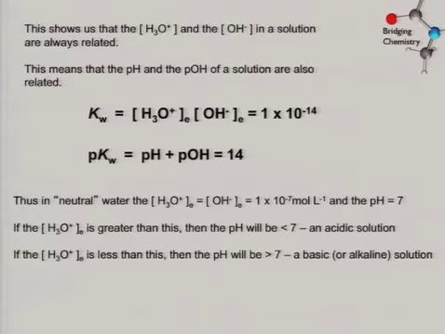And conversely, if the concentration of H3O plus is less than 1 times 10 to the negative 7, that means that there's going to be more hydroxide ions than there is H3O plus. And so you would say that the solution is basic and the pH of the solution is bigger than 7. Okay? So this is nominally stuff that you've come across, this idea that an acidic solution has a pH of less than 7. But what I'm trying to do is relate it back to the Kw and the numbers. Yeah?